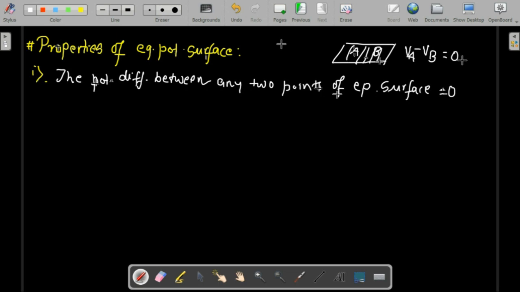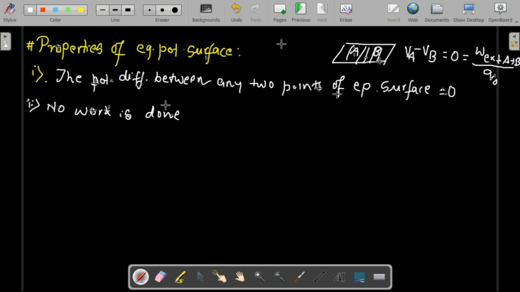This also gives me another result as a consequence. We have said that the work done in bringing a charge from point A to B, per unit test charge, is nothing but the definition of potential difference. So if this is zero, the work done will also be zero. That brings us to the next statement: no work is done.